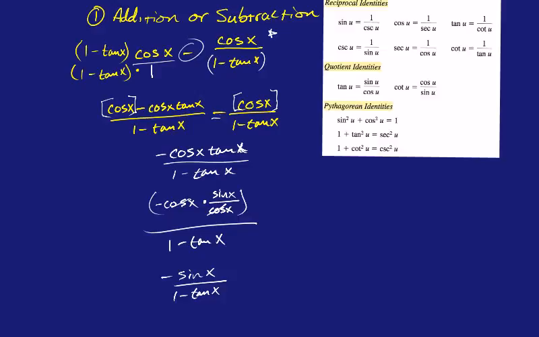And so I'd say that's probably simplified enough. You probably don't need to go any further than that unless you were trying to solve for an identity and it had something else on the other side that you needed to make it look like. But remember, when you're adding or subtracting, the real key is that you need common denominators, and then you're trying to simplify the numerator. So first get common denominators, that's the bottom.